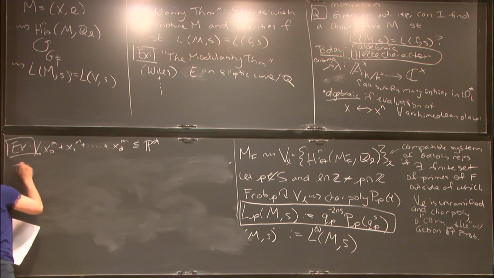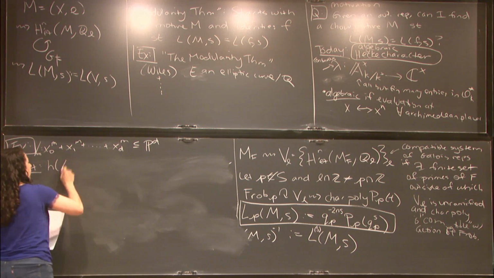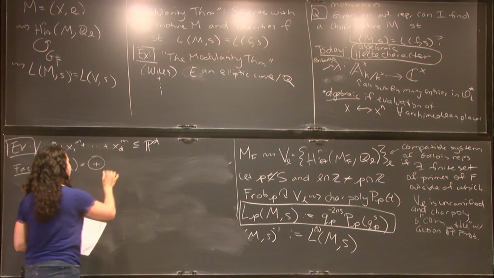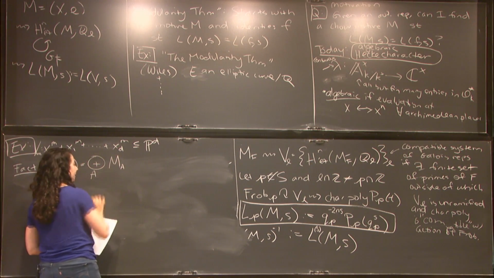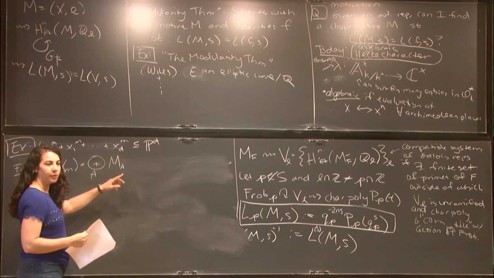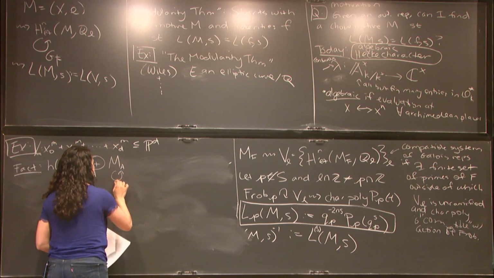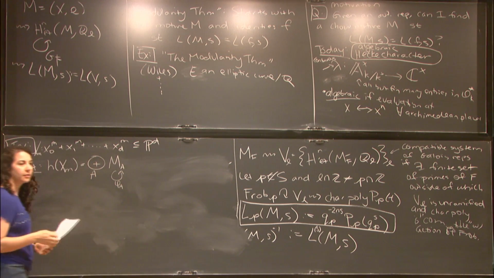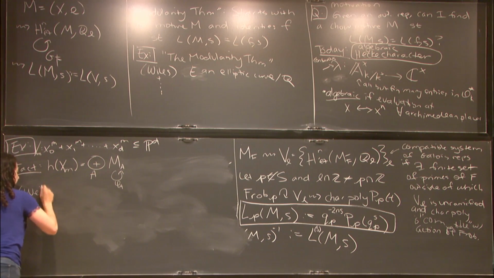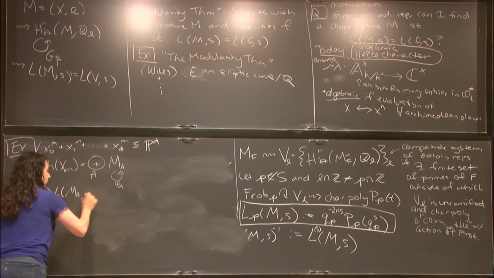And moreover, it's a fact that the motive attached to this X sub m actually decomposes into a bunch of other motives, each of which will come equipped with an automorphism coming from one of these. Okay, so on each of these I'll have some phi of a. Okay, and then they proved exactly a modularity result for each of these.